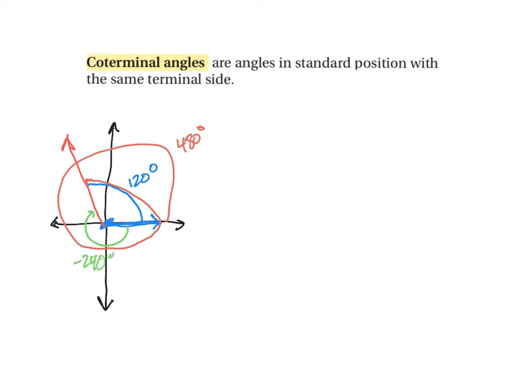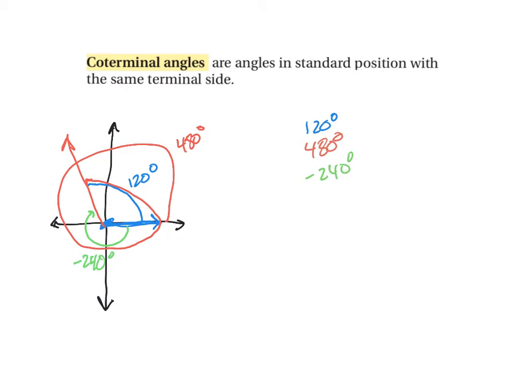Negative 240 degrees. So this green one is coterminal with the 120 as well. So let me just write these down for a minute. We're saying that 120 degrees is coterminal with 480 degrees, and that's coterminal with negative 240. Now there are many other angles that are also coterminal, but I just want to take a look at these.